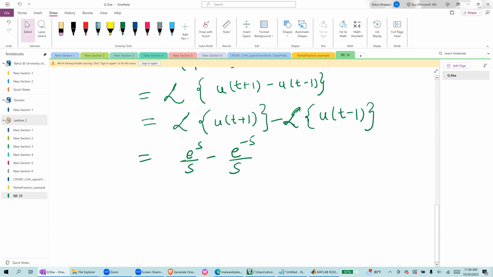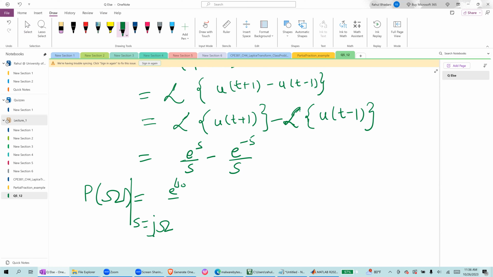So P of omega, with s equal to j omega, equals e to the power j omega minus e to the power minus j omega, divided by j omega. Now we multiply and divide by 2.